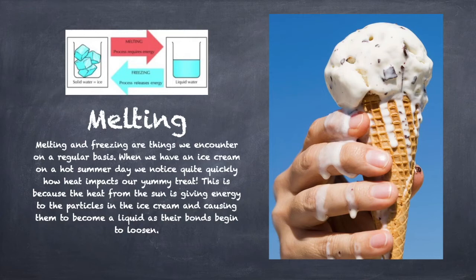I remember we did that little game in the class where you're all supposed to hold arms, and then at first you're just gently jostling, and then eventually you're wildly jostling, right? So the bonds start to weaken a bit as you start to jostle. It's a bit harder to stay close together, and that's why it kind of loses its form, right? It starts dripping down. Now, if you had a container that you plop this ice cream into, or if you've ever had ice cream in a bowl and let it melt a bit, you'll see a liquid at the bottom at the end once it's done melting.